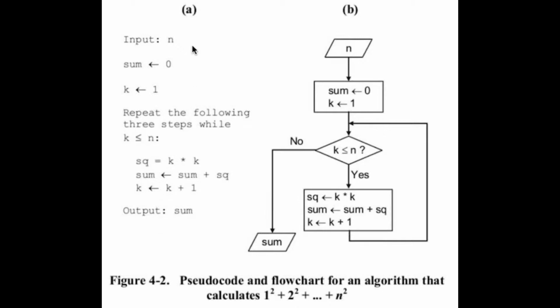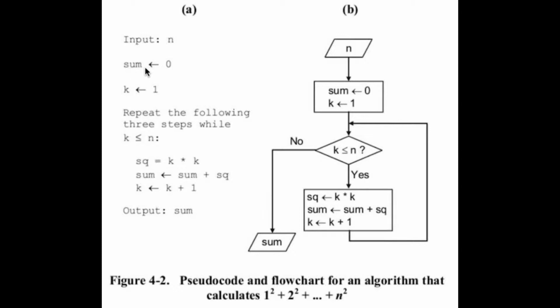Let's go through the pseudocode first. The idea here is not to write a lot, to keep this as telegraphic as possible. It's just to help you understand the problem. So this is basically saying we're going to have an input that we're storing in a variable called n.